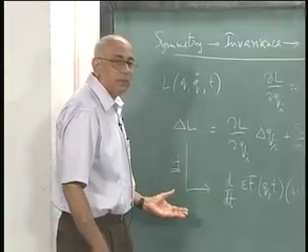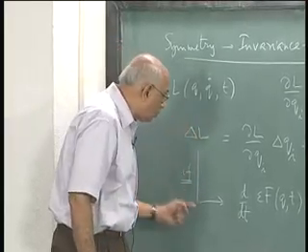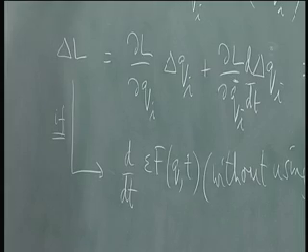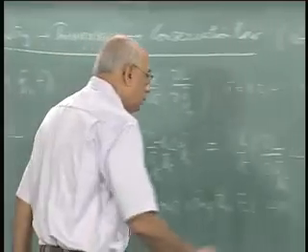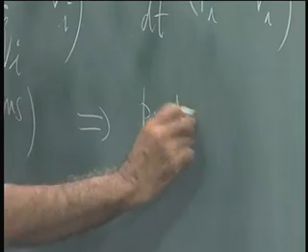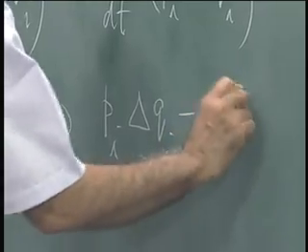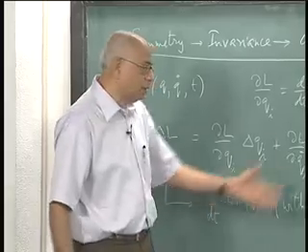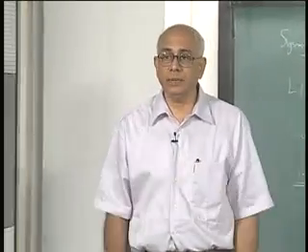Directly calculating, depending on what the transformation was, tells you that delta L is of this form. If it is of this form, this immediately implies of course that these two must be equal, implies that p_i delta q_i minus epsilon f is a constant of the motion, because d over dt of that is 0 on the solution set.